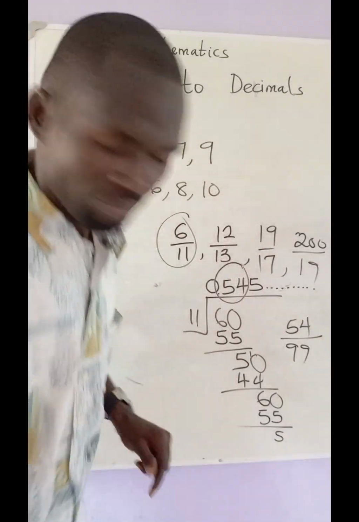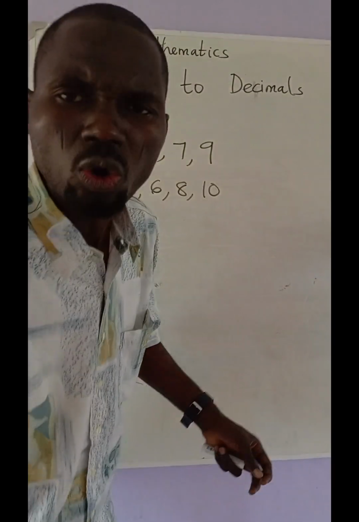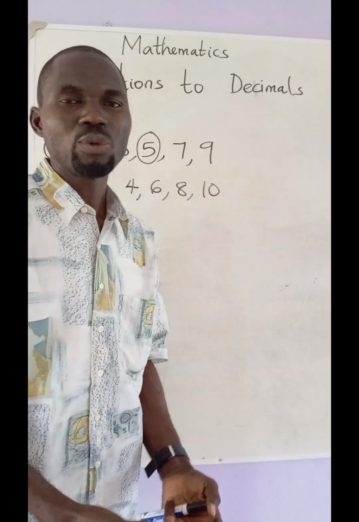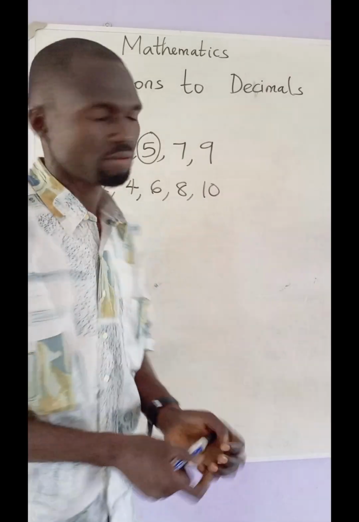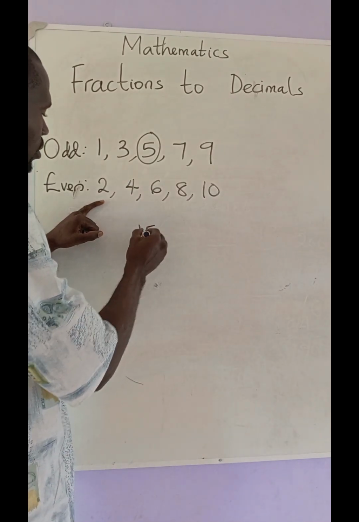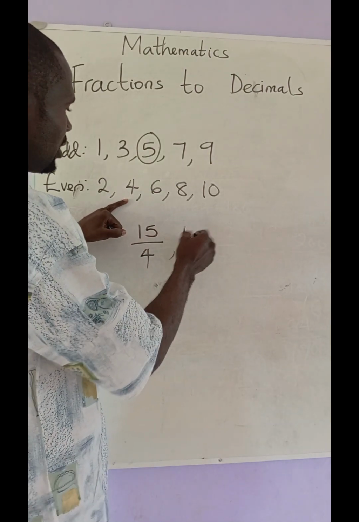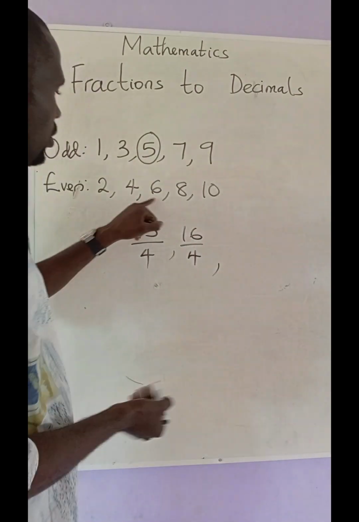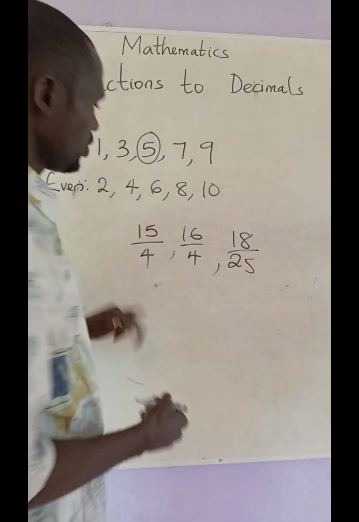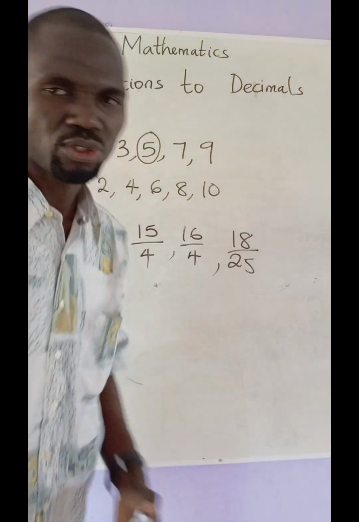So that is that. Then another thing again is now, how do you know the fractions that you can easily convert to decimal without using long division. If you have, let's say, 15 over 4, if you have, let's say, 16 over 4, if you have 18 over 25, you see all these ones, you can solve it without using the long division method.